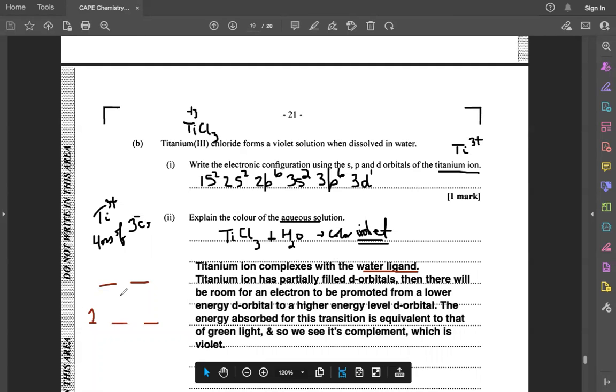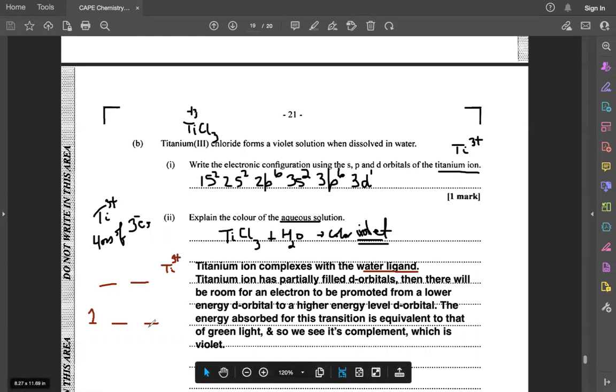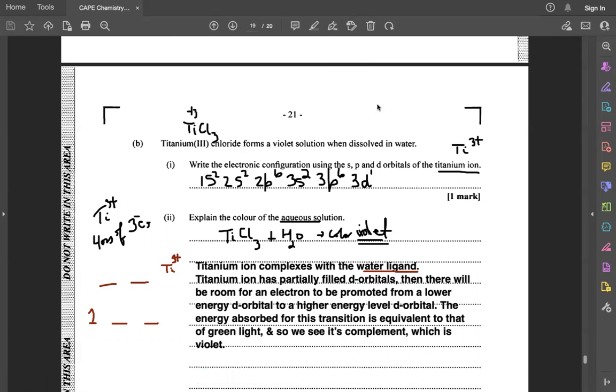So once the ligand comes in contact with the titanium ion, right, then there's going to be that splitting of the d orbitals into two energy levels, where we have 3 on a lower level and 2 on a higher level. And so if this electron then gets promoted, let me use a different color for that, up to this level, there's an energy change, a delta E, that's associated with that, right?